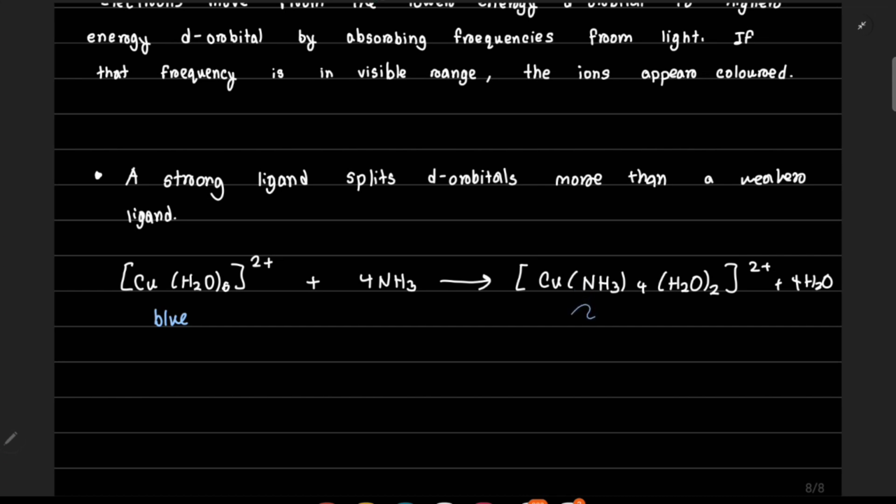The color of this compound is violet blue. Ammonia is a stronger ligand than water, so there is a change in color.